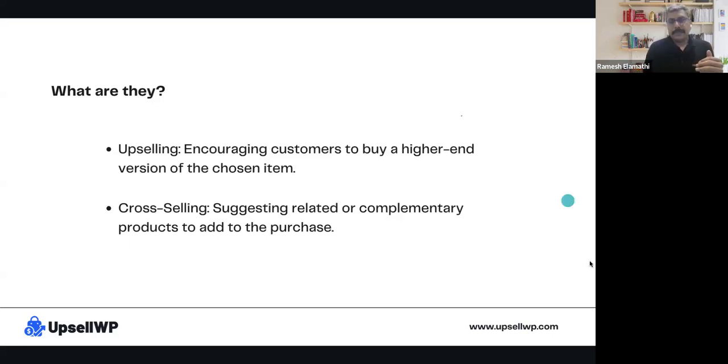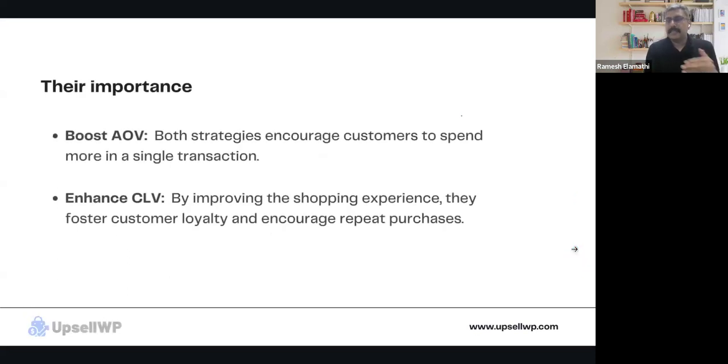These are the two famous strategies that help you boost your average order value. You have to do upsell and cross-sell on every website because you spend hundreds of dollars in Google ads, Facebook ads and Instagram ads to acquire customers so that they can buy from you.